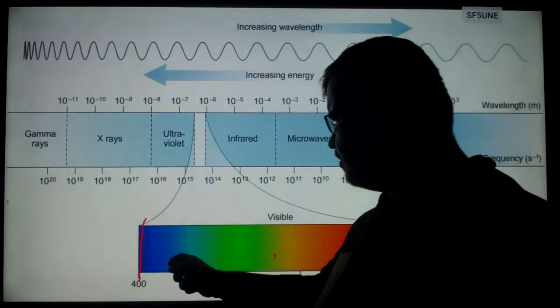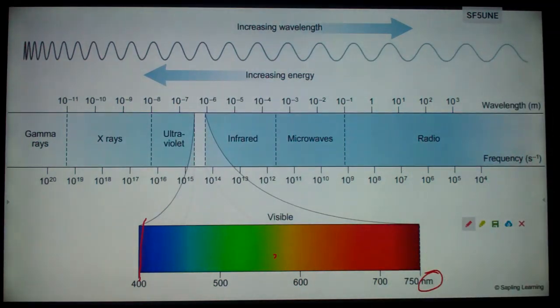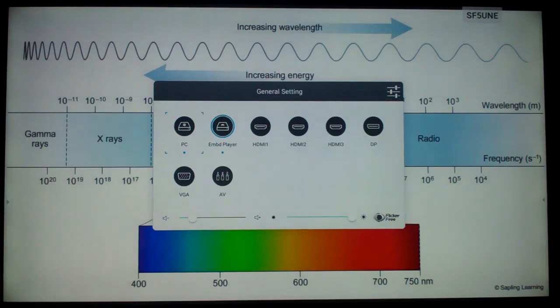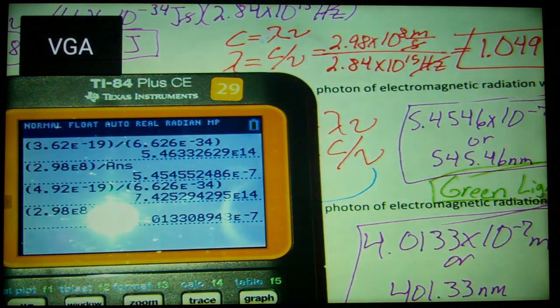So there's blue, there's indigo, there's violet. We're right in that violet range. We're almost ready to go into that ultraviolet range. So we're going to say that it is violet light.